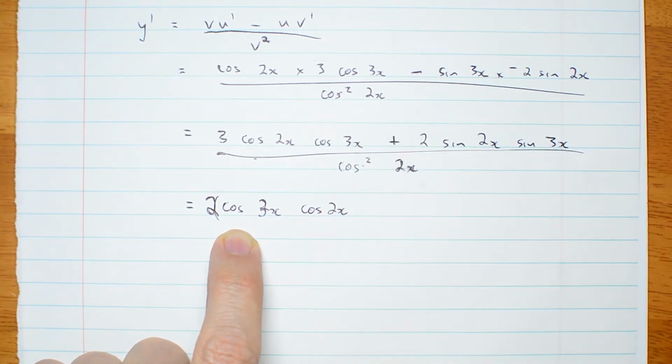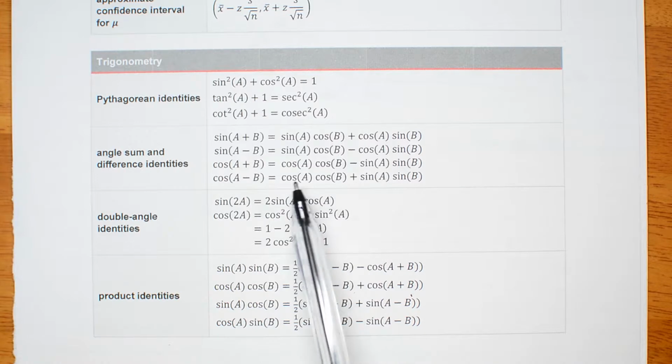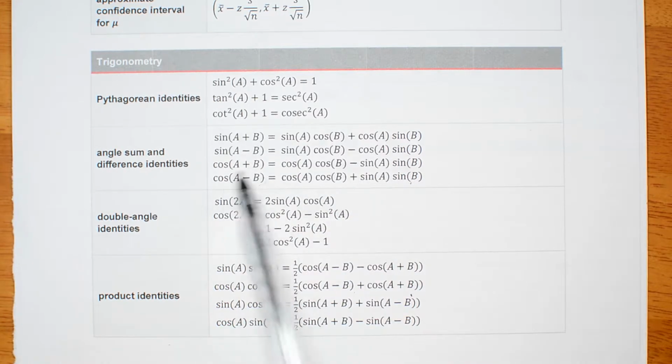Where was my rule? Sorry, let me try again. Cos plus sin is the cos of a difference. I'd rather have a positive difference in the middle, so I'm going to write it with the cos 3 before the cos 2.